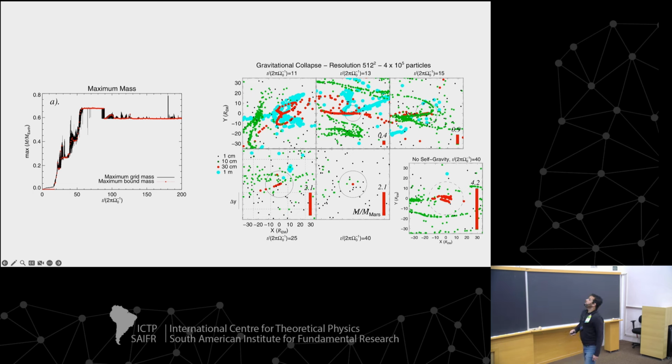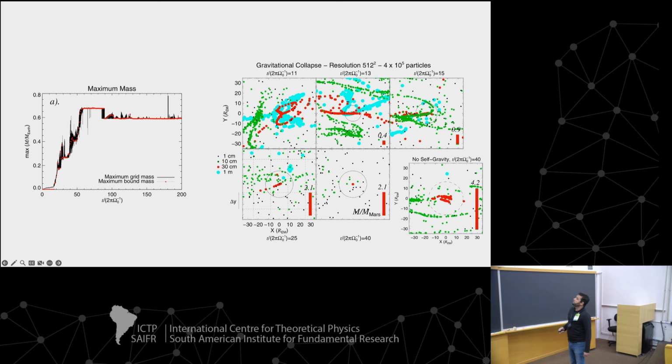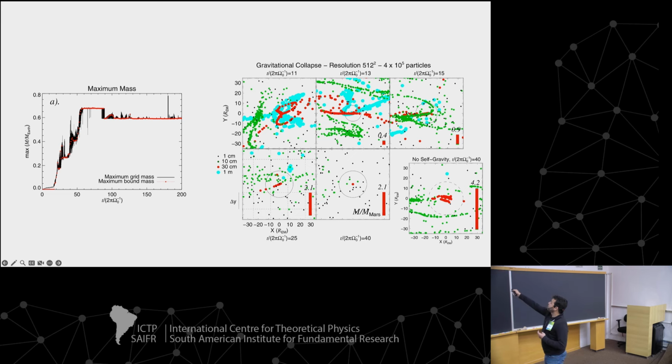And then when plotting what was happening here, you start from some objects of a centimeter to meter size. Here is the first time that this would collapse, and this number is in units of the mass of Mars. So we form an object here of 0.4 times the mass of Mars through direct gravitational collapse.